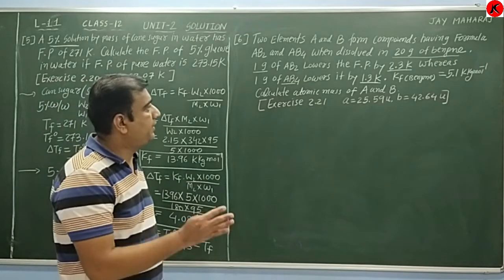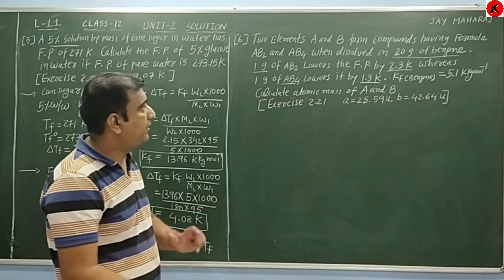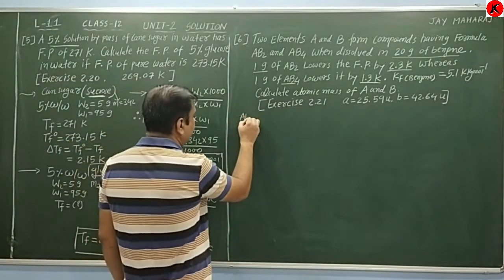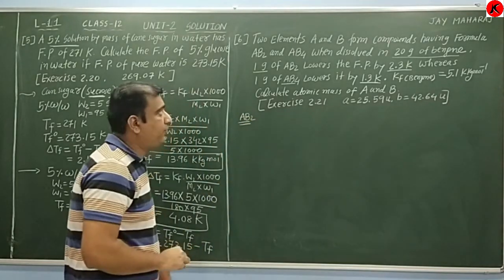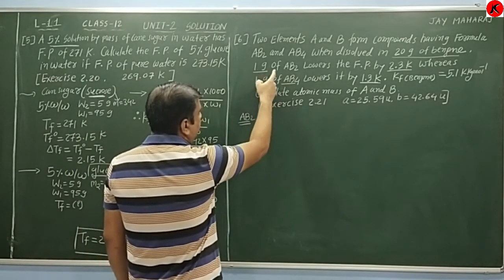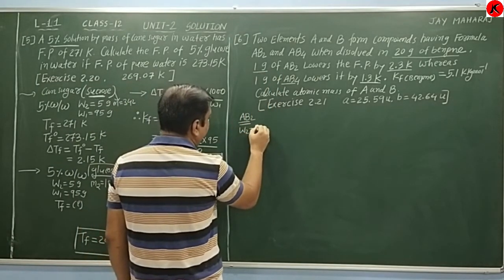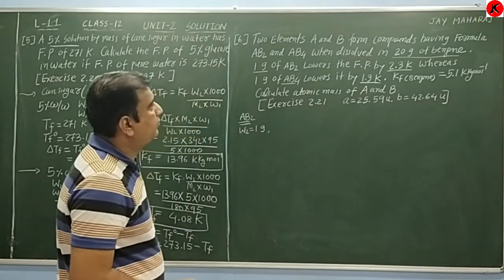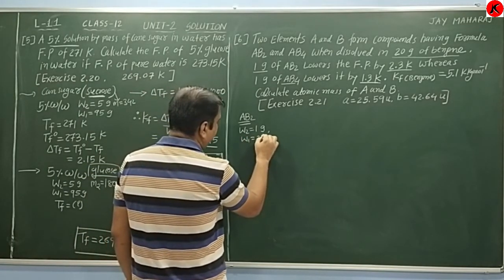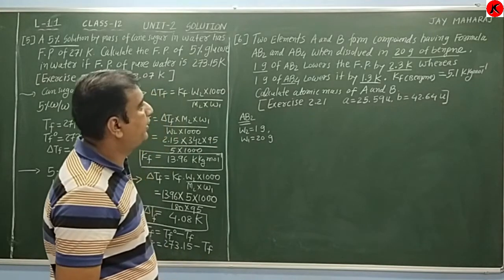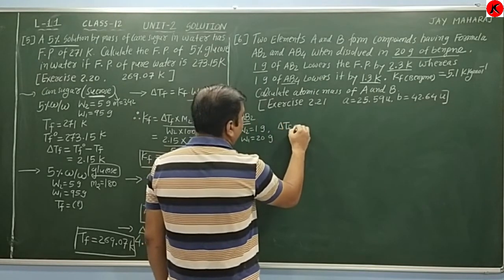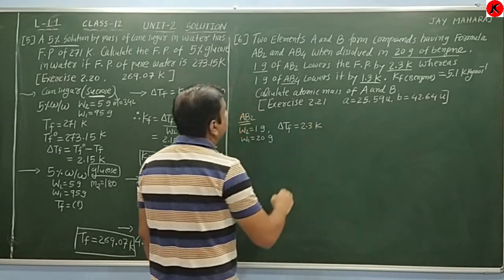So how to solve this example? Here two compounds are given, AB2 and AB4. So separately we will calculate the molar mass of each compound. First, the calculation for AB2. The AB2 mass is given, that means W2 is 1 gram. Now 20 gram benzene in which it is dissolved, that means W1 is 20 gram. Freezing point lowers by 2.3 Kelvin, that means delta TF equal to 2.3 Kelvin.